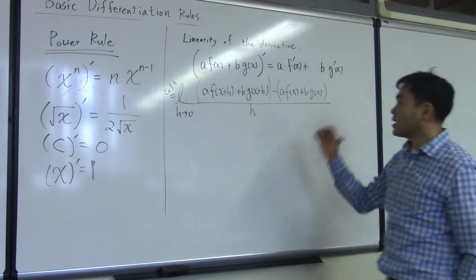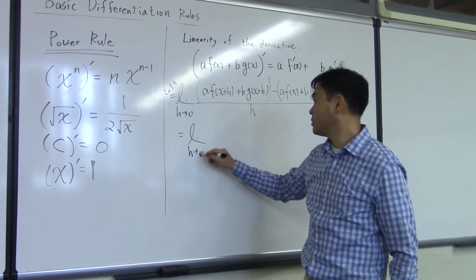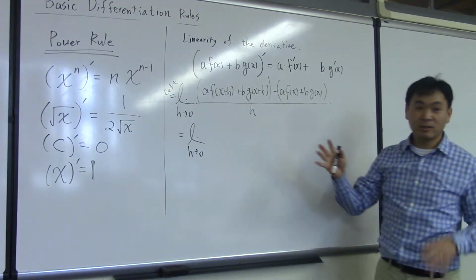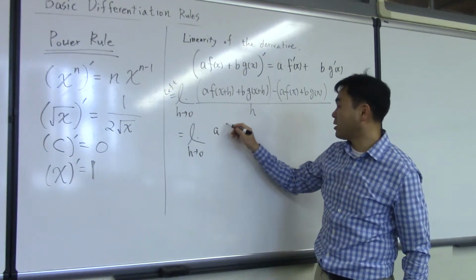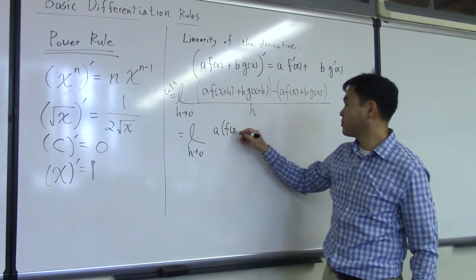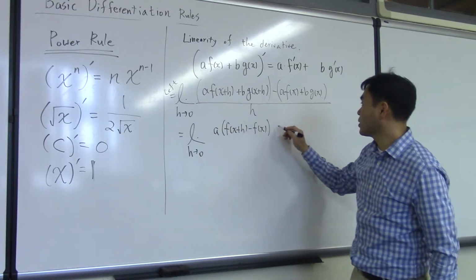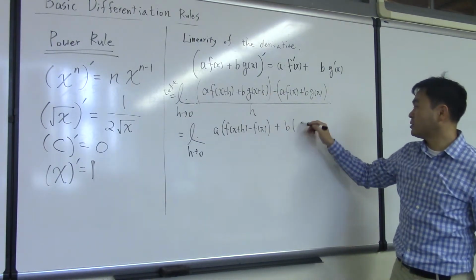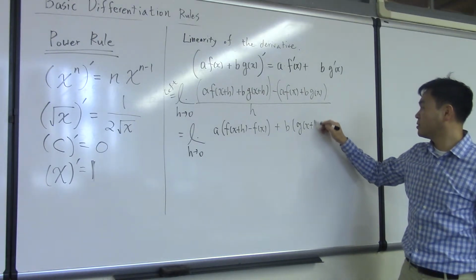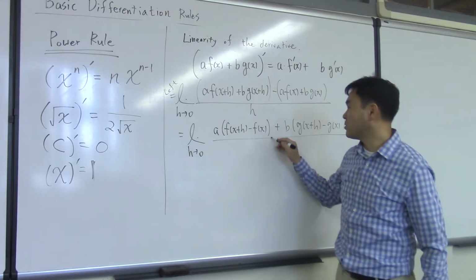Then we can reorganize this and rewrite it as, well, A is common, so I can gather these two and factor the A out. And B, I can combine those two, factor the B out, and divide it by h.